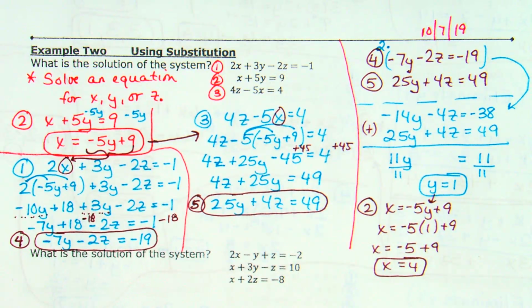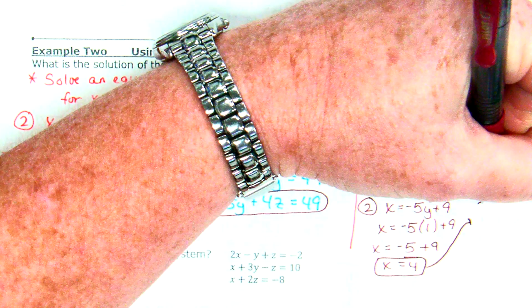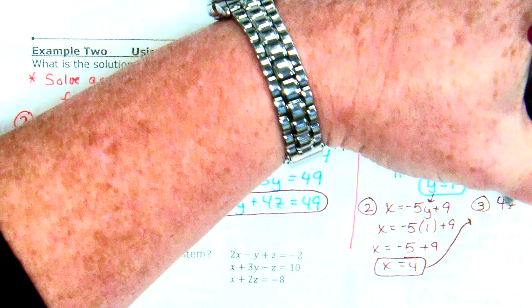Okay? I personally like 3. I don't know what you guys are using, but again, we're flexible here. 3 is 4z minus 5x equals 4.